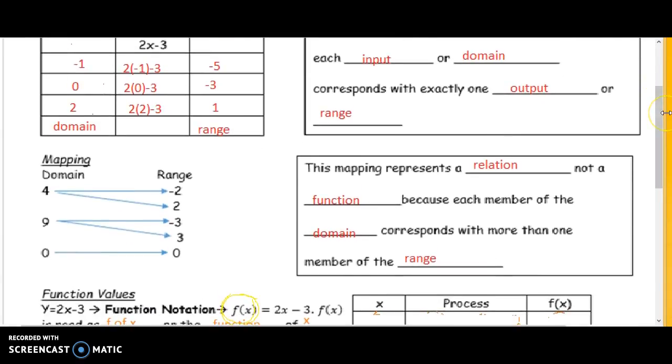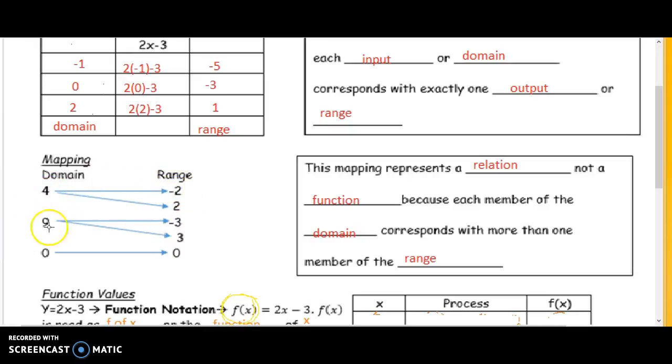Another way we can try to determine if something is a function or not is by using mapping. So this column, 4, 9, and 0, represents our domain. This column represents our range. So when I put 4 into my process, I can either get a 2 or a -2.